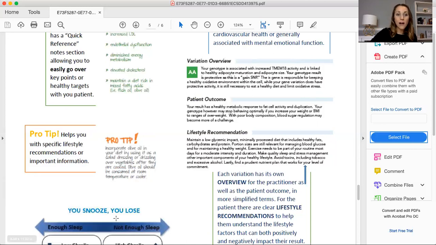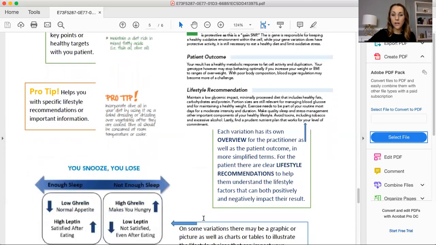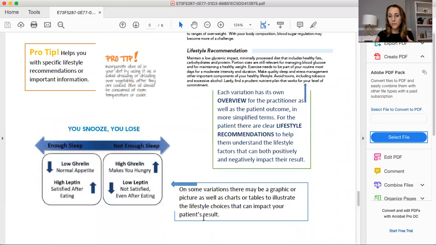There's going to be some other tips. This is a specific lifestyle recommendation with some important information. And so there's some graphics or pictures or charts that can help create a visual for you in impacting your patient's results.